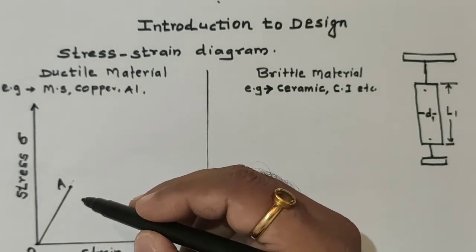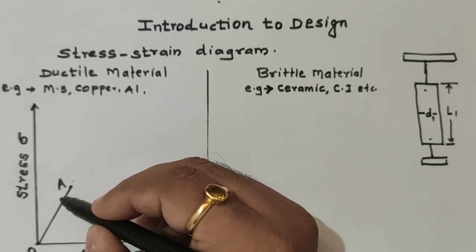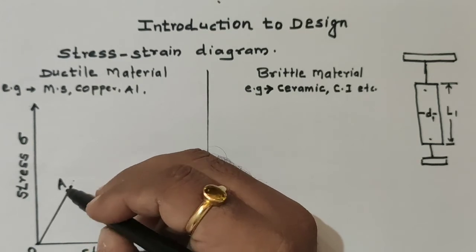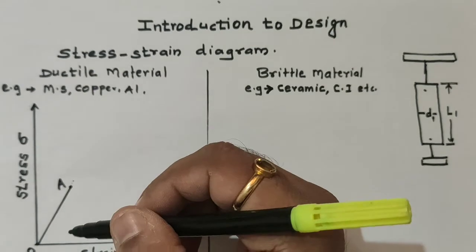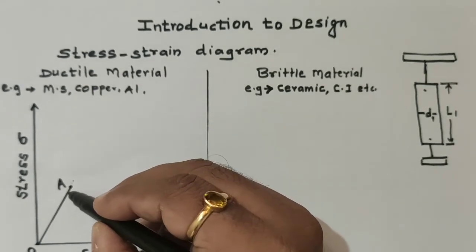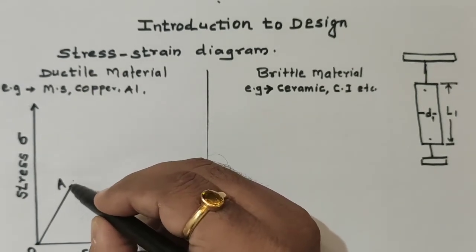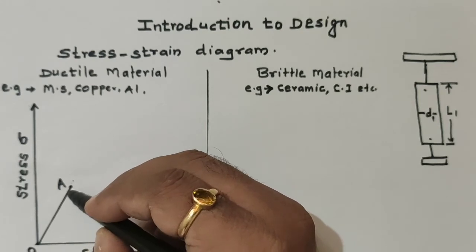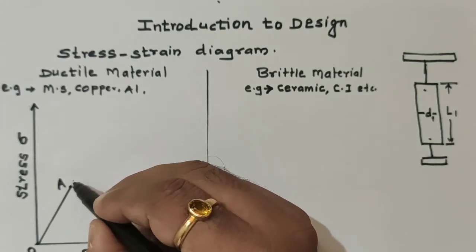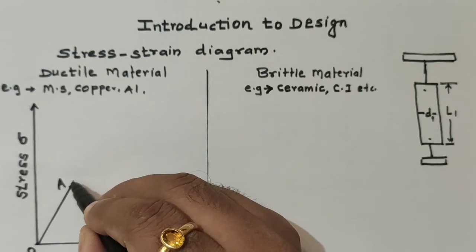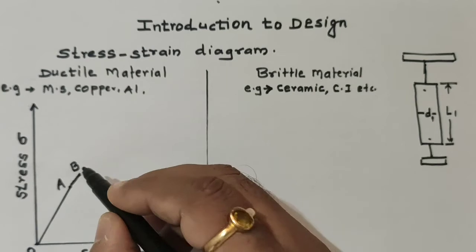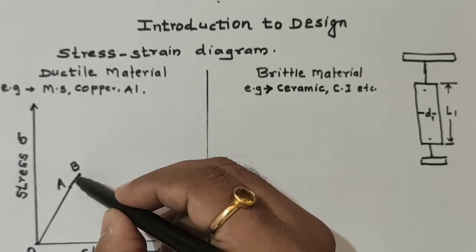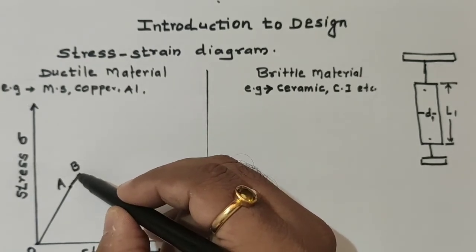Now from point A, if we increase the load, the curve deviates slightly from point A up to point B. So point B is known as the elastic limit.